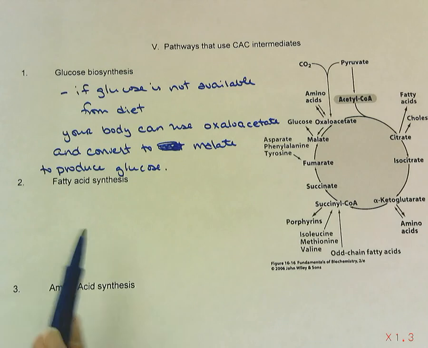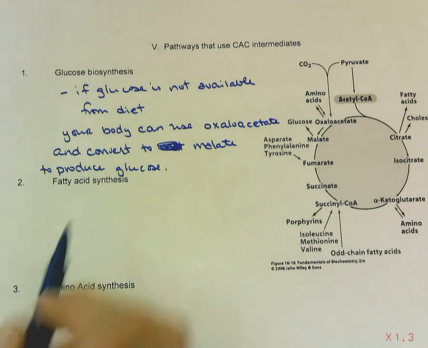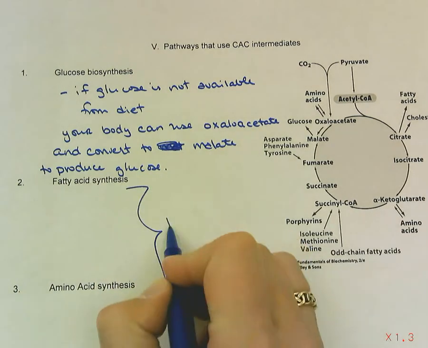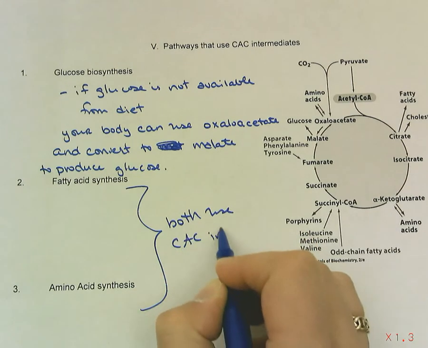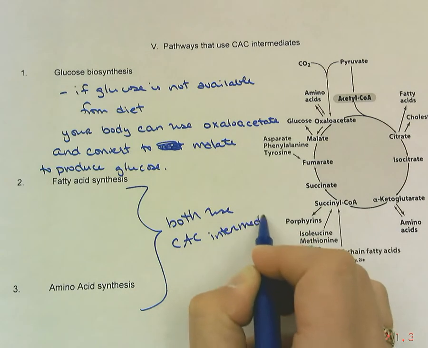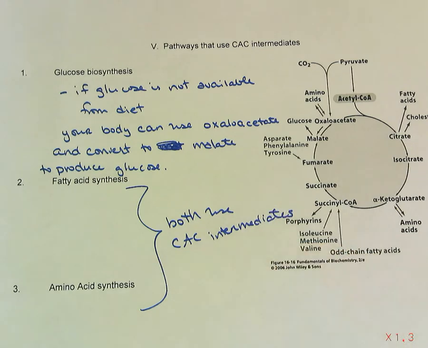We've talked a lot about fatty acids and amino acids, so both fatty acid synthesis and amino acid synthesis require citric acid cycle intermediates.